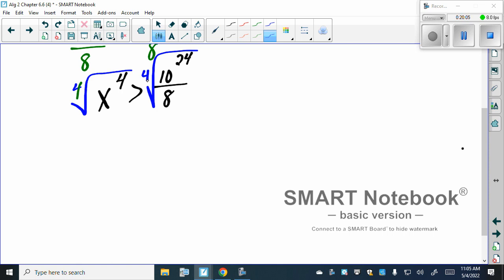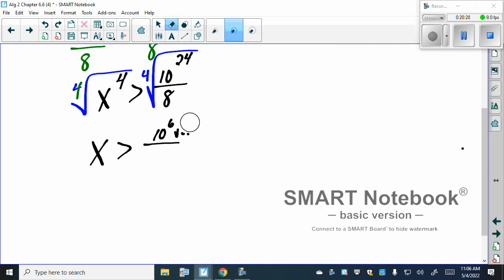And the 4th root of x to the 4th is x is greater than, see here, 8, so 24, so this would be 10 to the 6th over the 4th root of 8, not square roots, 4th root of 2 over 2.